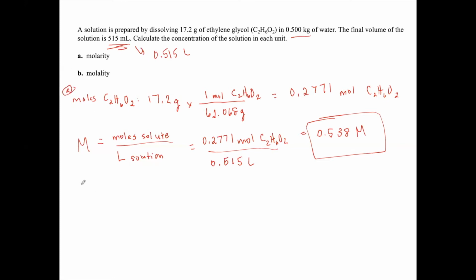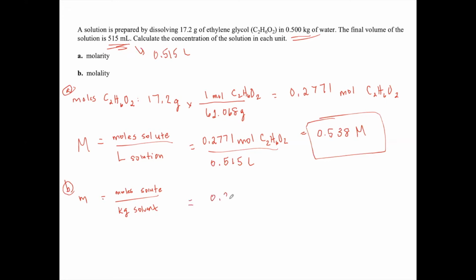Part A. Okay, part B, for molality. Molality is represented by a little m. So molarity, this is a very important distinction. Molarity is capital M, molality is lowercase m. That is moles of solute over kilograms of solvent. So we've been given the kilograms of the solvent in the problem. It's 0.5 kilograms. And we calculated the moles from the last step.